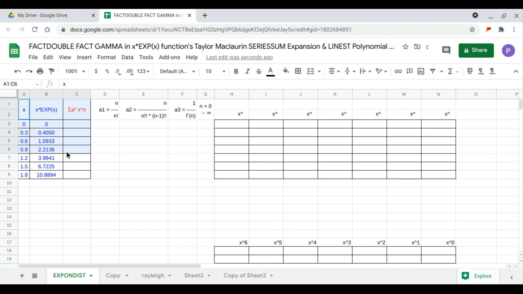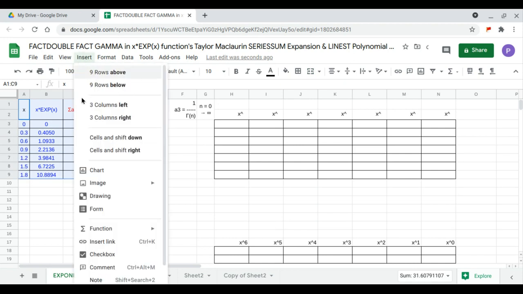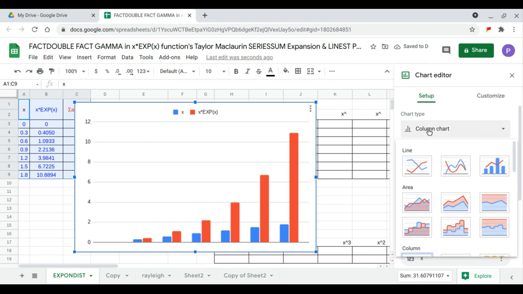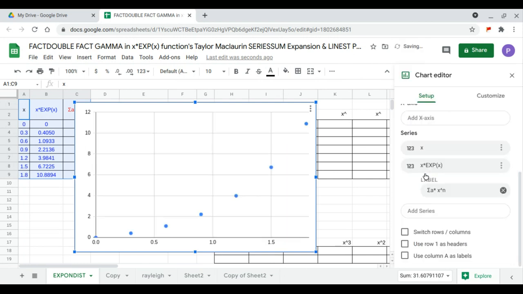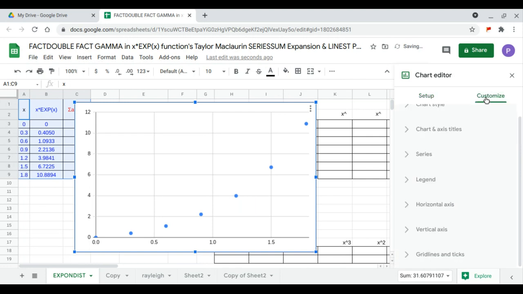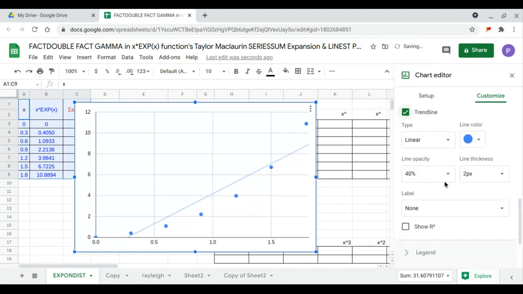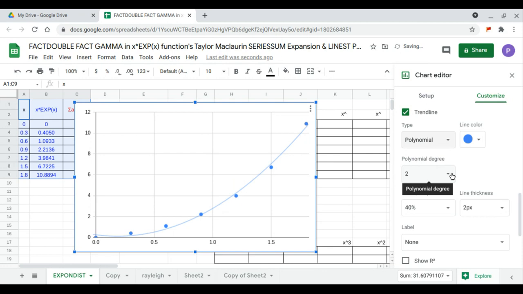And we'll chart this. Insert chart, and we'll use scatter chart. And show the trend line. So use row 1 as header and the trend line, polynomial to the 6th degree.